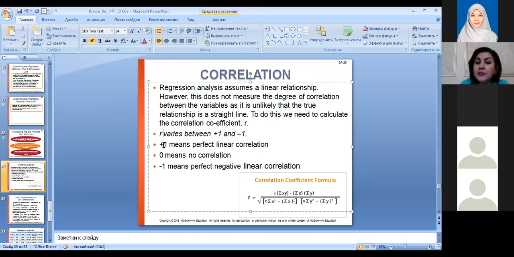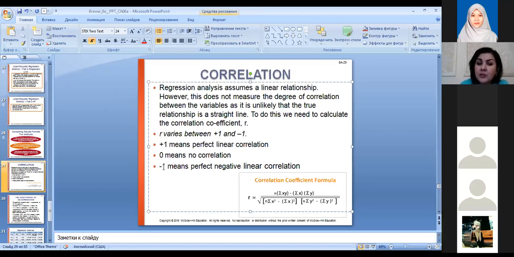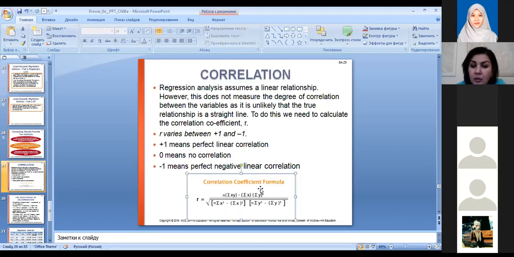If it's +1, it means perfect linear correlation, 0 means no correlation, and -1 means perfect negative linear correlation. So how do we calculate the correlation coefficient? Mathematicians have already done this job, and we just need to use the formula for the correlation coefficient, which is R, and it has this formula.